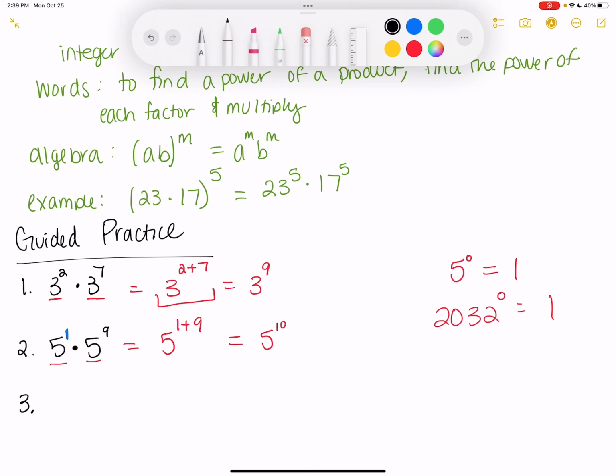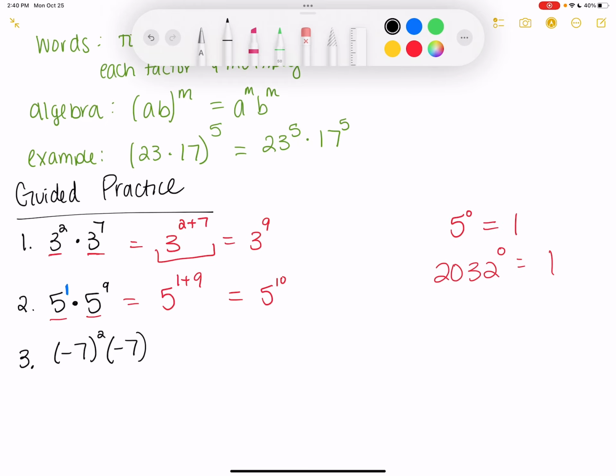All right, this next one, same thing. It's just going to be written a little differently. So I've got (-7) squared times (-7). These ones they're writing in parentheses, and most of that is because they have that negative sign. Let me just make this little comment over here to the left. This is not equal to that.